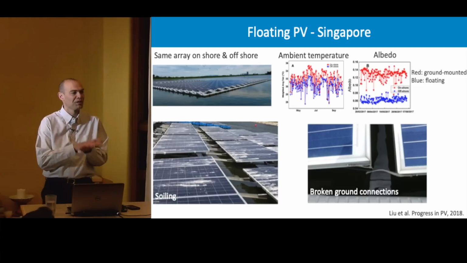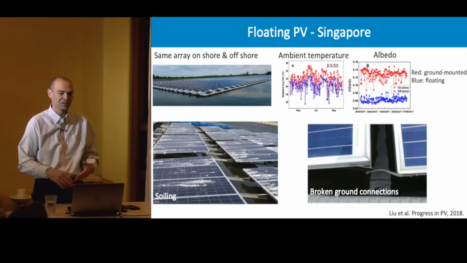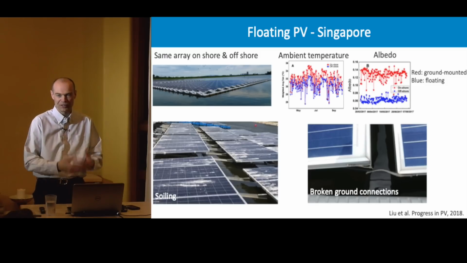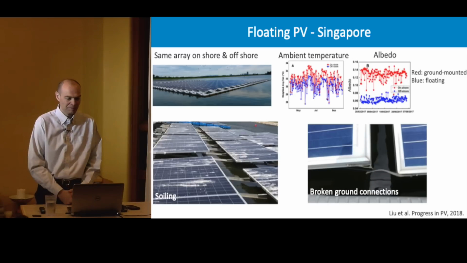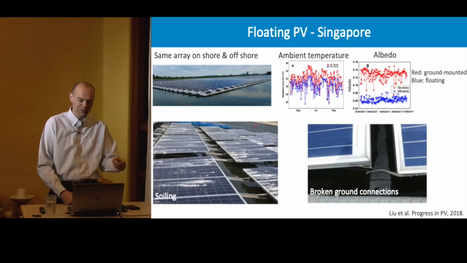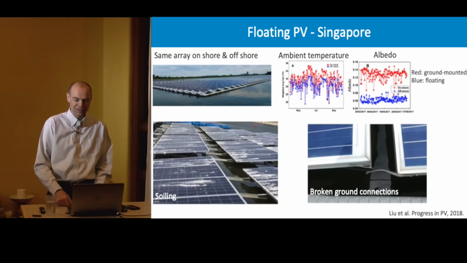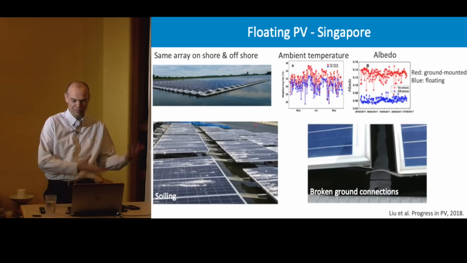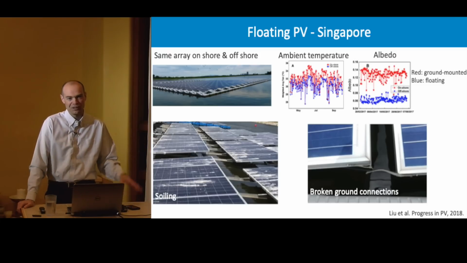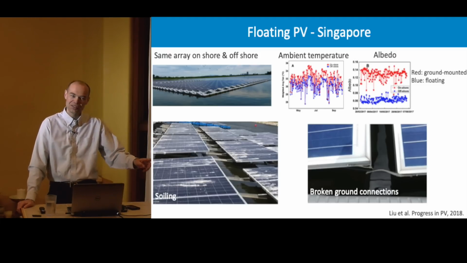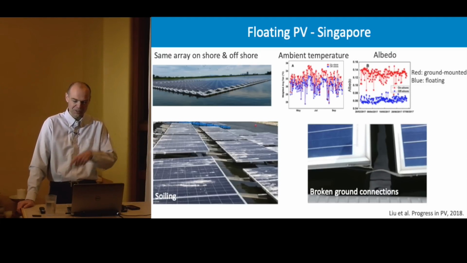So the panels on the water tend to run cooler because water evaporates and makes the panel cooler, so they produce more. But on the other hand, the next graph over is the albedo, and blue is much lower: the light that gets reflected back is much lower on the water than on the ground. So it probably doesn't make sense to put bifacial modules on the water.